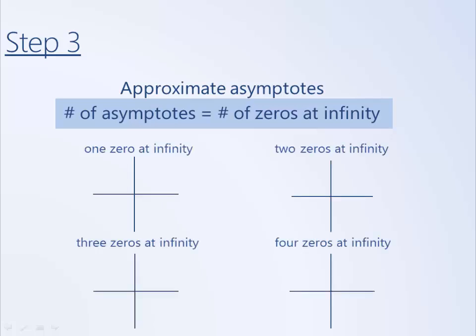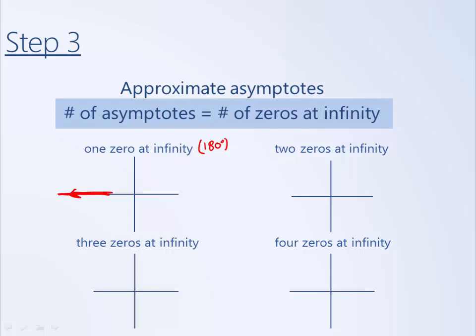What we're going to do is just memorize the directions of these asymptotes for some basic cases. When we have 1 zero at infinity, this was the first example we saw, where we had 2 poles and 1 zero. So 2 minus 1 gave us 1 asymptote. That asymptote went off to the left at minus 180 degrees, or positive 180 degrees. So when we have 1 asymptote, it'll always go to the left along the real axis.